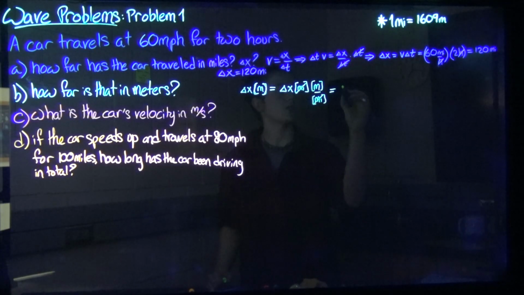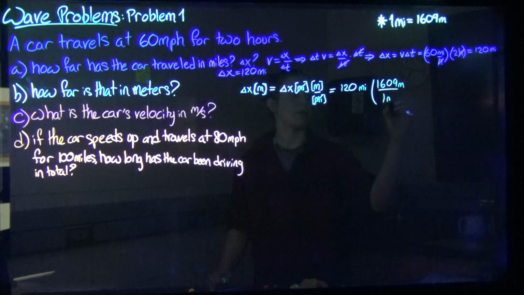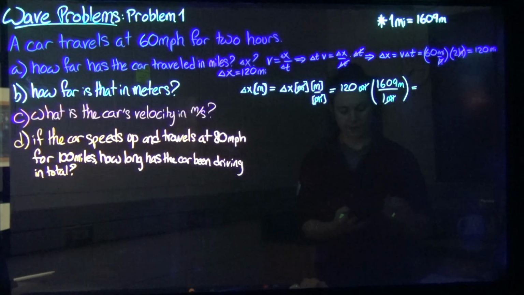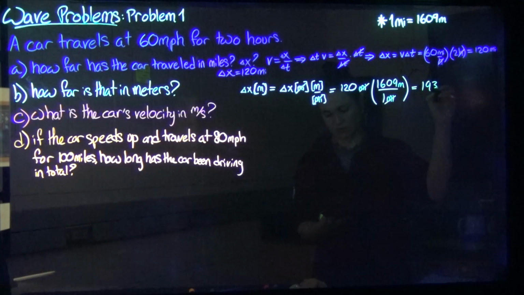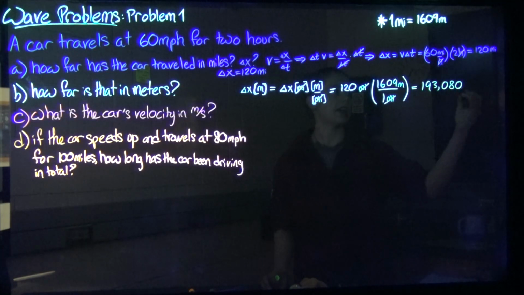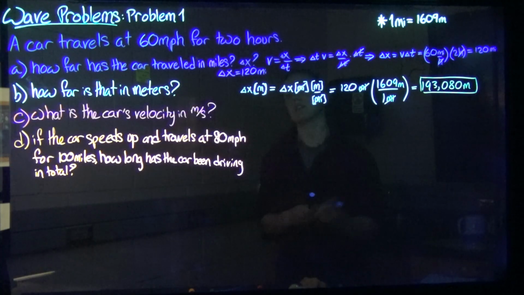So if we write this out with our numbers, we have 120 miles multiplied by 1609 meters for every mile. Our miles cancel, and this is, just check, 193,080 meters. So that is our distance in meters. This is our distance in miles.